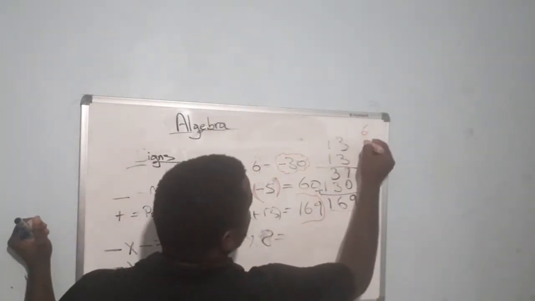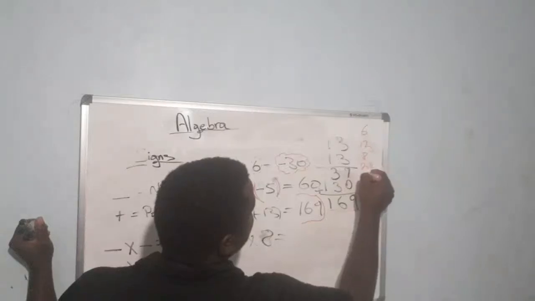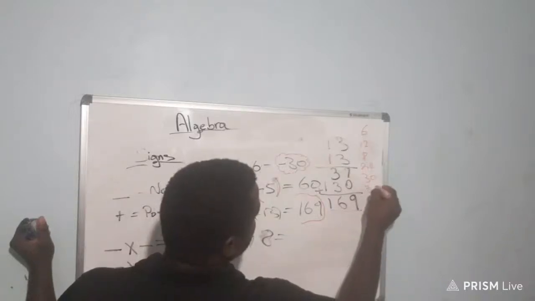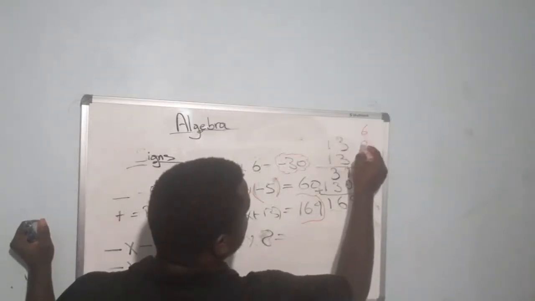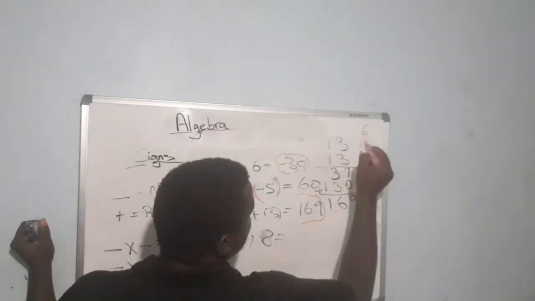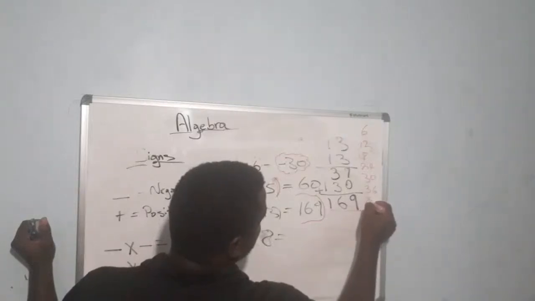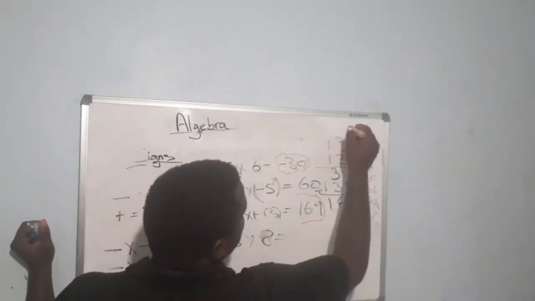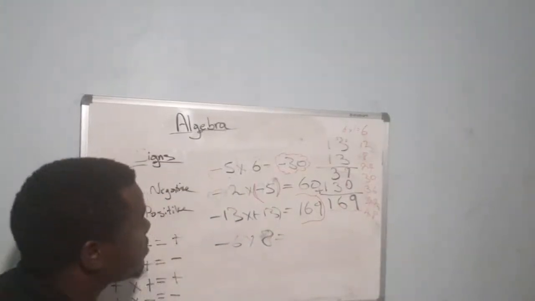So 6 times 1 is 6, 6 times 2 is 12, 6 times 3 is 18, 6 times 4 is 24, 6 times 5 is 30, 6 times 6 is 36, 6 times 7 is 42, 6 times 8 is 48.